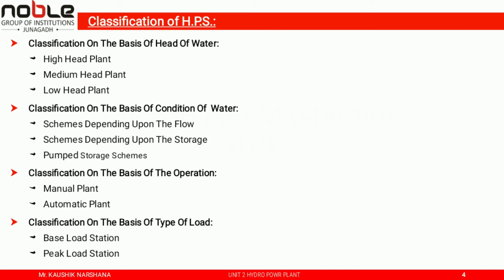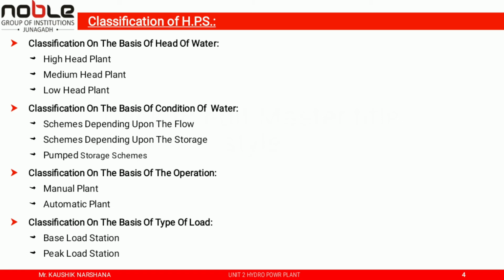Again, hydropower plants are classified based on the type of load supplied. There are two types of load station, base load station or peak load station. In a base load station, the power station operates throughout the year and supplies most of the load, and we use a run-off river plant.